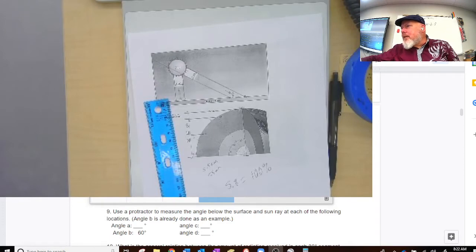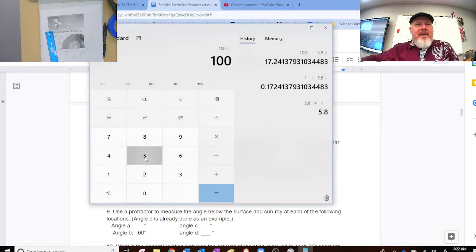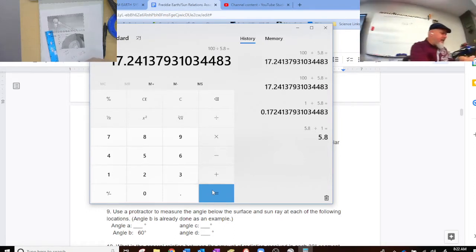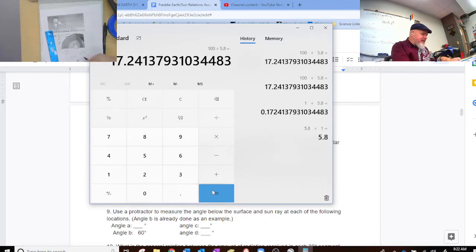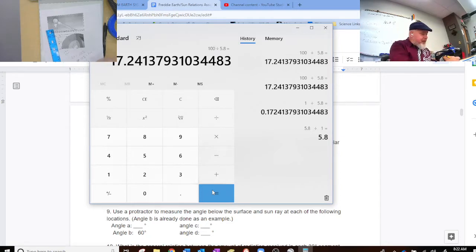Sorry, I didn't have my calculator up on the screen. Let me show you my calculator. So I would take 100% and divide that by 5.8. That's how many centimeters are in there. That means every 17% would represent every centimeter. So that would be 17% for 1 centimeter. And a millimeter would be 1/10 of that, so 1.7% for every millimeter. Okay?